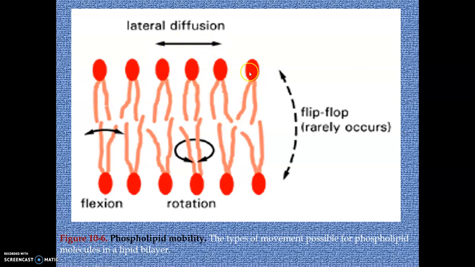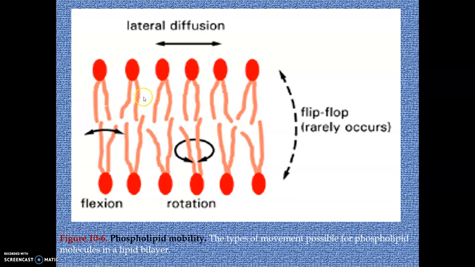And if this phospholipid moves to the lower layer and the lower one moves to the upper layer, or vice versa, that type of movement, where the phospholipid in one layer flips its position to the other layer, is called flip-flop movement. And when it rotates in its own position, it keeps on rotating, that is called rotation.